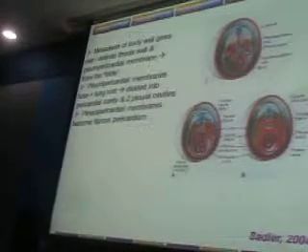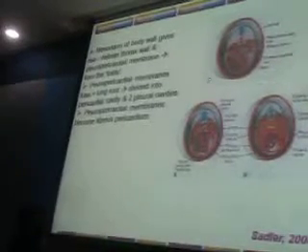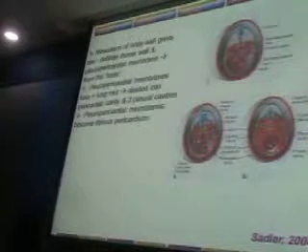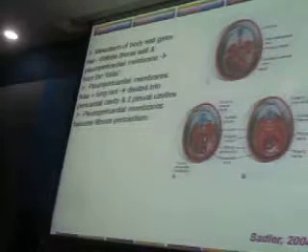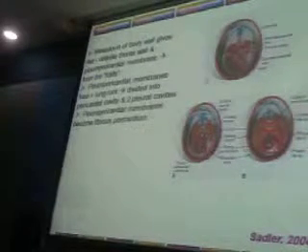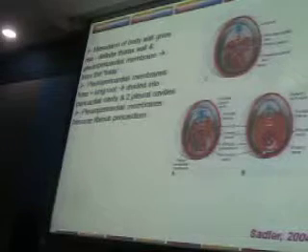The mesoderm will give rise to your thorax wall and to the membrane. The pleuropericardial membrane would fuse, including the root of the lungs. So once it's fused, you will have the right and left pleural cavity and the pericardial cavity.